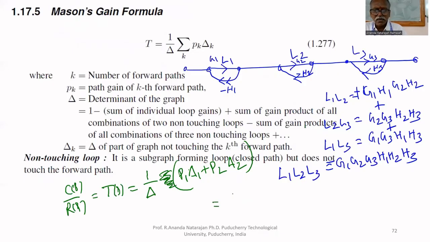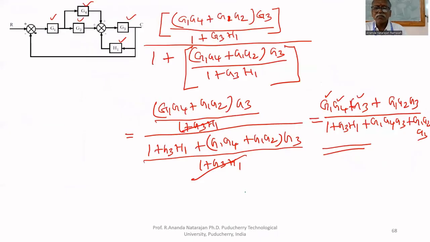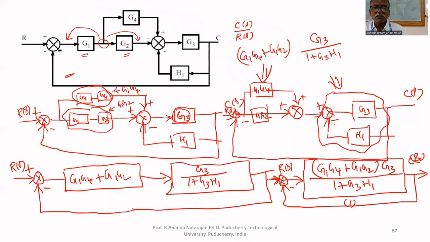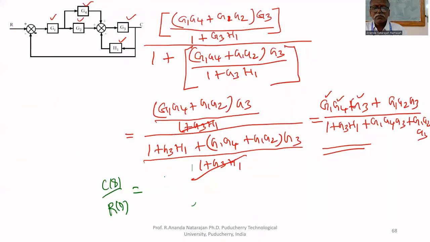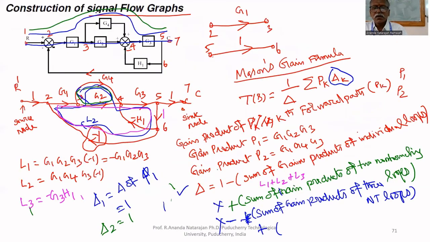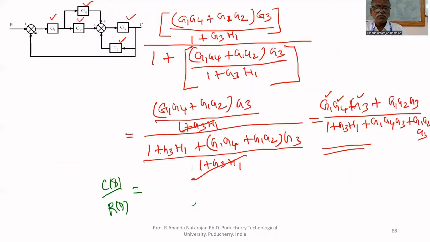What is that? We will write here so that we can compare. C of S upon R of S equals P1 delta 1 plus P2 delta 2 upon delta.